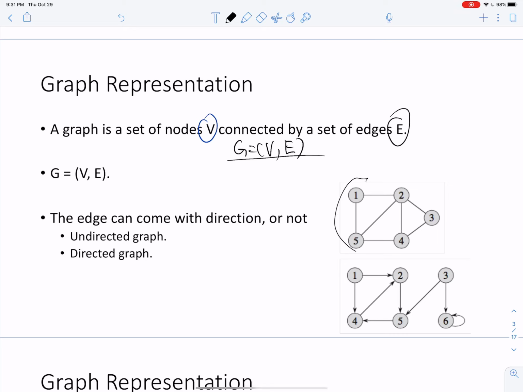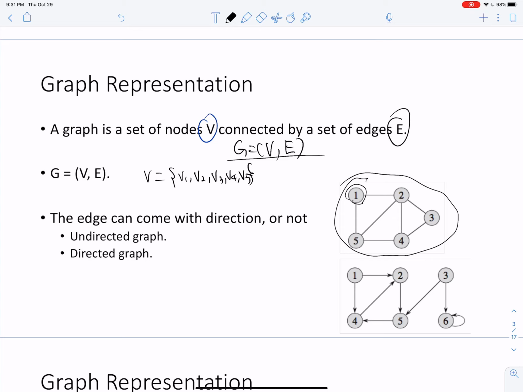This is one example of a graph. For V we have five nodes, which are V1, V2, V3, V4, V5. Here I just put the numbers to denote the index of the nodes.